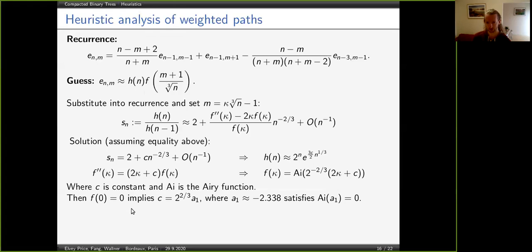So from f of 0 equals 0, plugging that in here, we get that c must be something like this, where a1 is a root of the Airy function. And in fact, a1 is going to have to be the largest root of the Airy function for f of kappa to be positive, for positive kappa.